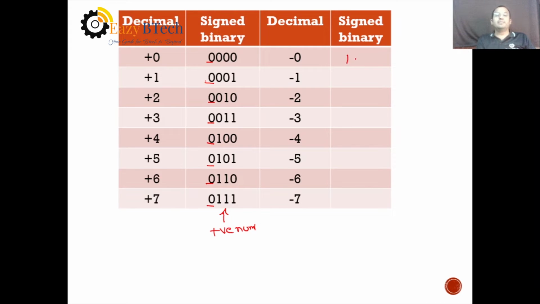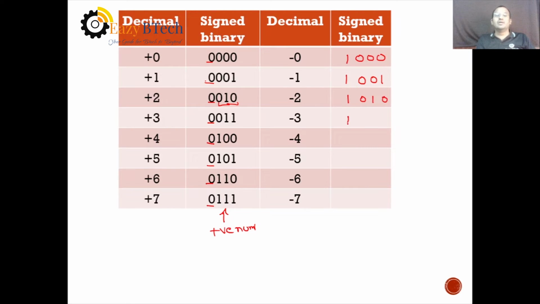The remaining bits represent the magnitude. So minus 0 is represented with 1000. Minus 1 is 1001. Minus 2: the magnitude is the same, but the MSB bit is 1 and the magnitude bits are the same, 010.